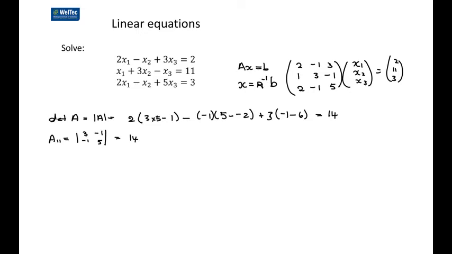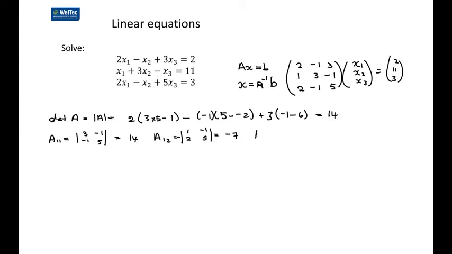Then A12, don't forget we need to put the negative outside, so cutting out row 1 and column 2, that would be 1, negative 1, 2, and 5, which is negative 5 minus negative 2, so it's negative 7.